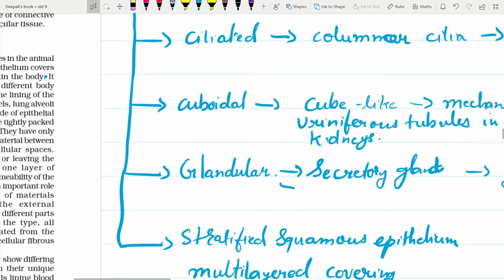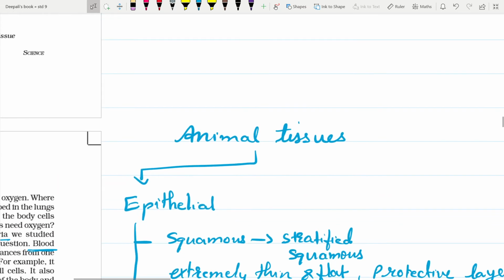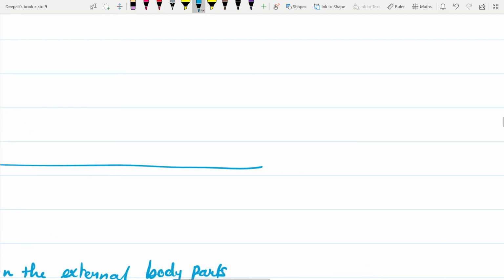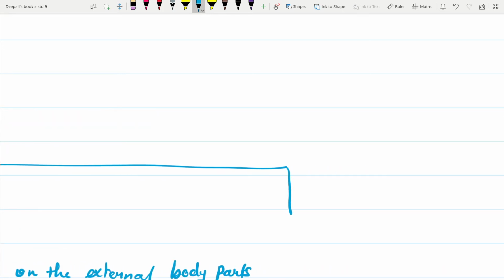So, the second type of animal tissue is the connective tissue.